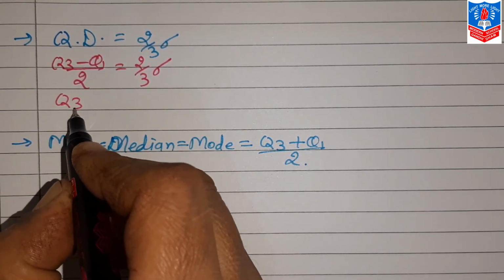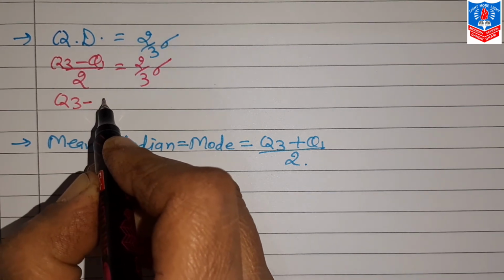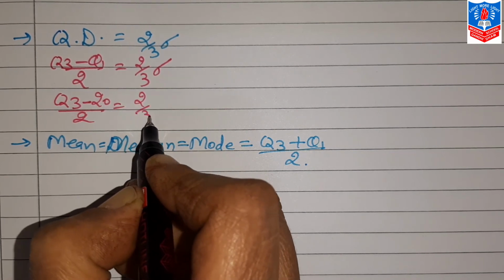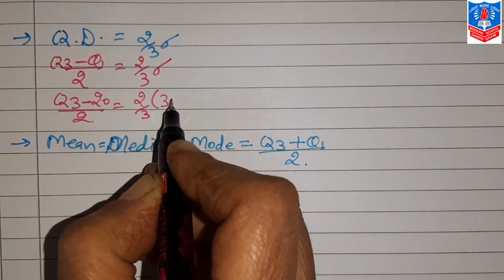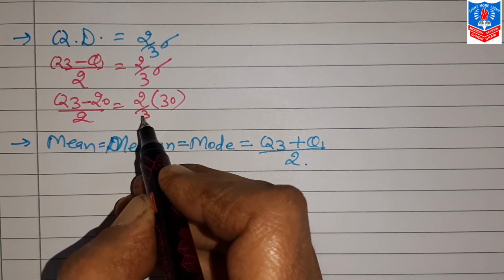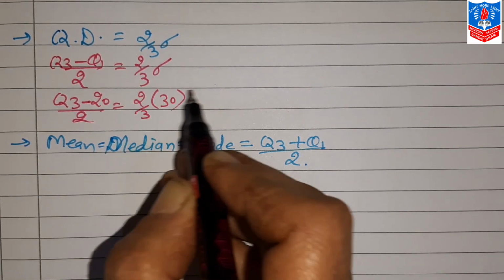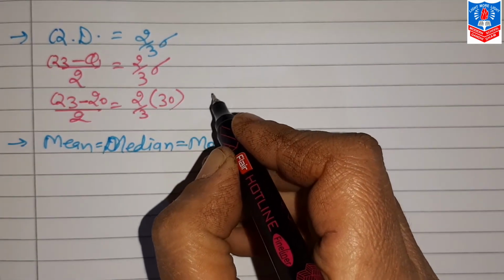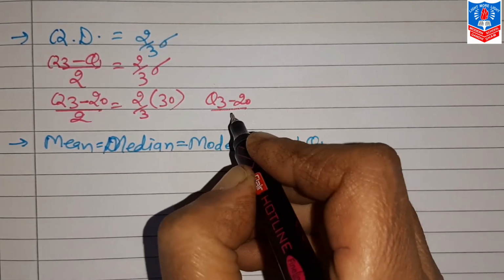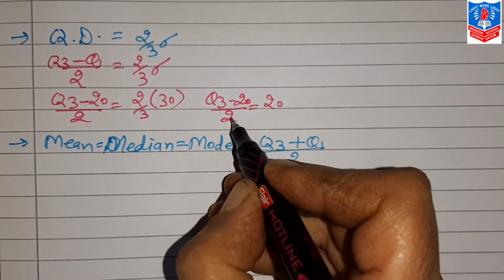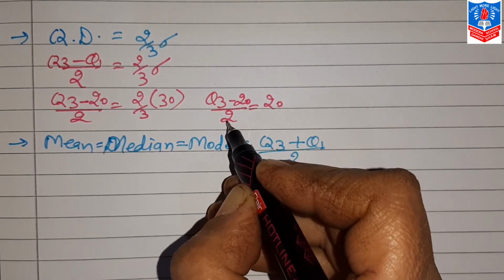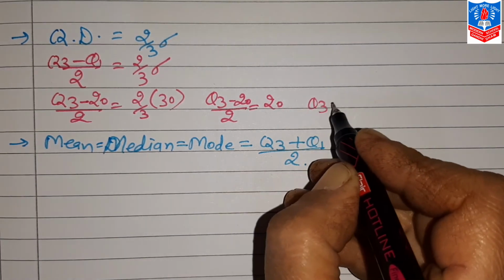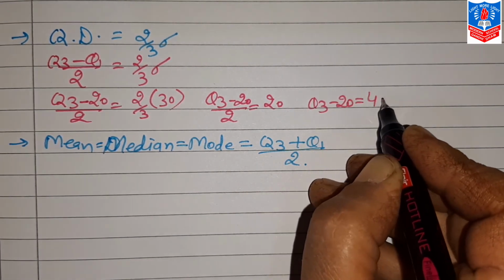So Q3 minus Q1, that is 20, divided by 2, equals 2 by 3 into sigma, that is 30. Now 30 divided by 3 is 10, multiplied by 2 will be 20. So Q3 minus 20 by 2 is 20. If you cross multiply, this 2 goes to the other side in multiplication. So Q3 minus 20 is equal to 40.